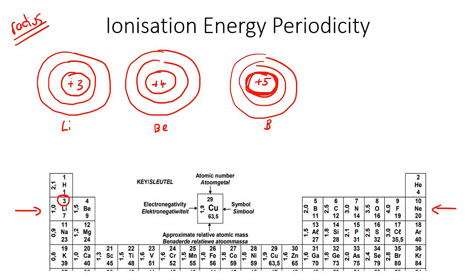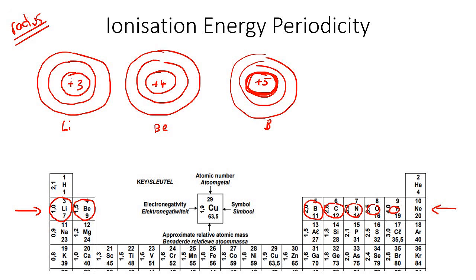And so what we said was that as you go from left to right in a periodic table, the radius decreases. So lithium might be like that, beryllium like that, boron a little bit smaller, carbon smaller, nitrogen a bit smaller, oxygen, fluorine. And then we don't really look at the noble gases in periodicity. We don't look at that too much. So that's the trend that we have observed in previous lessons.